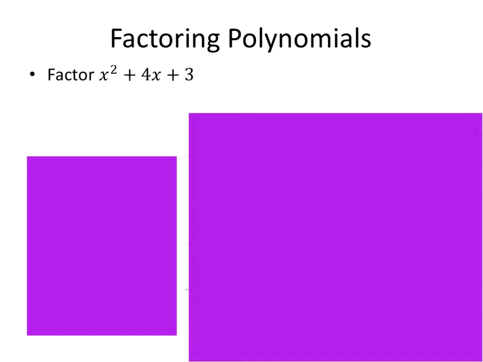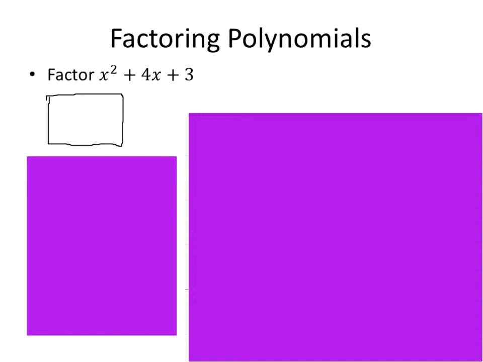Okay, so how do I factor this? What's the first thing I needed to do here? Remember? Yeah, I'm going to make my box, my generic rectangle. I'm going to call it a generic rectangle because I've given you the area of that rectangle, haven't I?